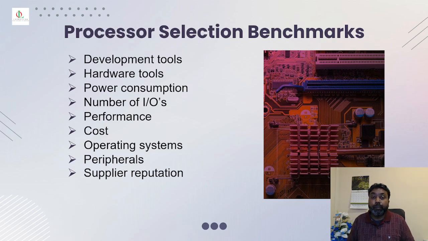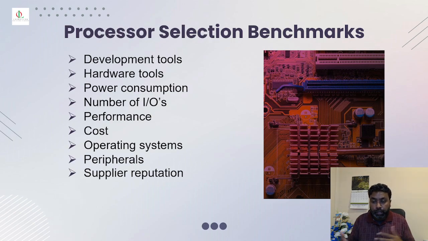And the main thing is supplier reputation. You have to keep this in mind. This is really key. Your design, your project should last as long as you can, for the next 5 to 10 years. So the after-support is really necessary for you to maintain your design.